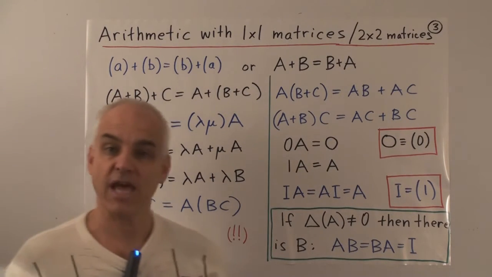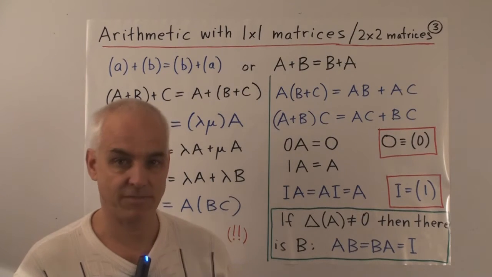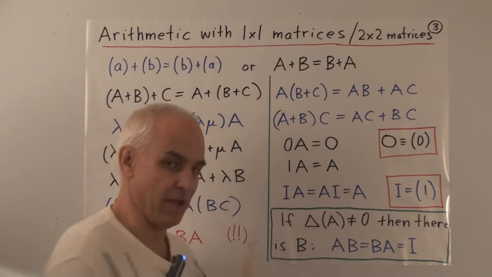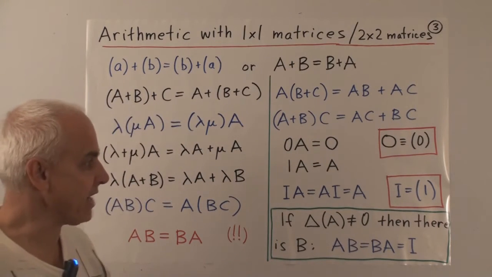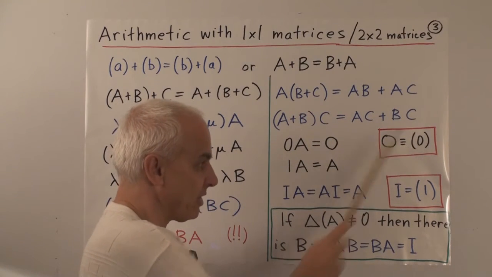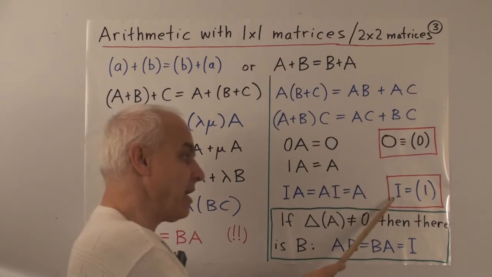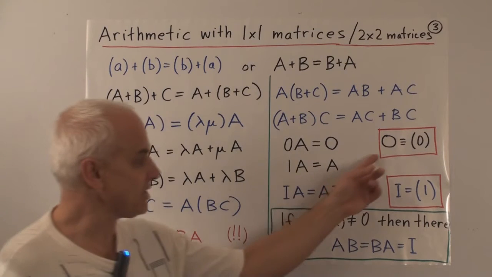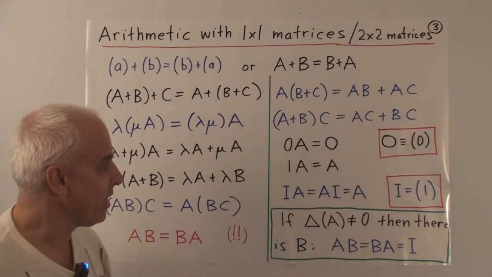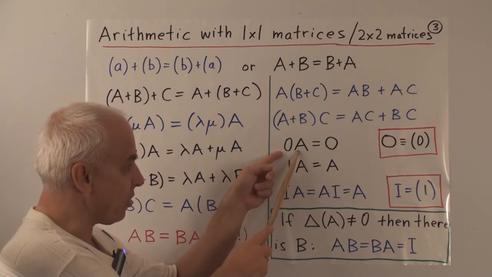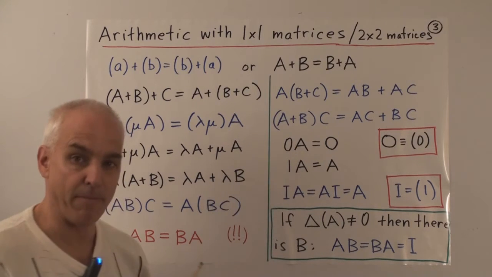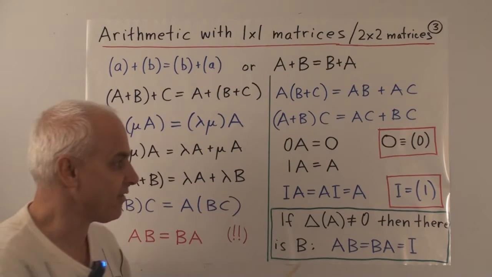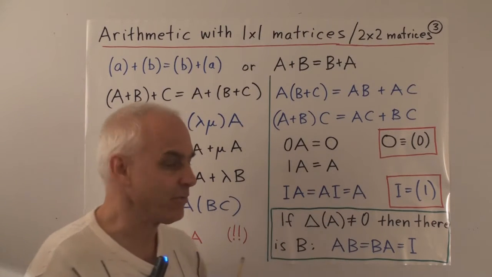And then there are a few laws having to do with some special matrices. The special matrices are the zero matrix and the identity matrix. In the one-by-one case, the zero matrix is just the matrix which has a zero in it, and the identity matrix is the matrix that has a 1 in it. And these two matrices have some special properties. First of all, if you multiply an arbitrary matrix A by the number 0, the number 0 is a little bit elongated to distinguish it from this round matrix 0.